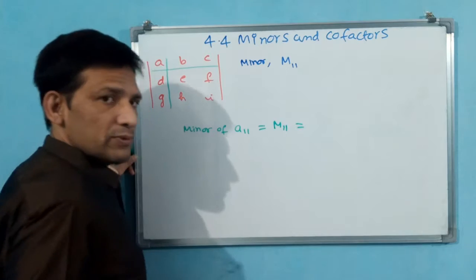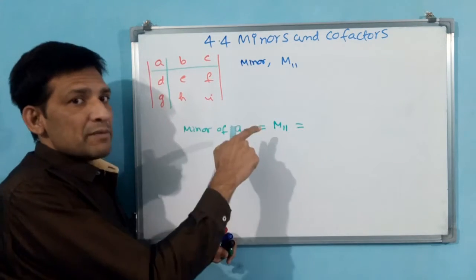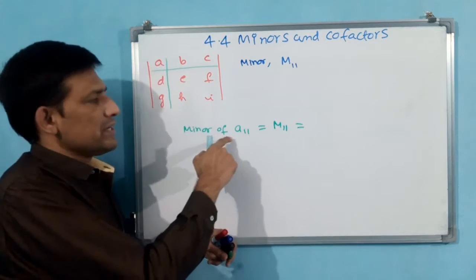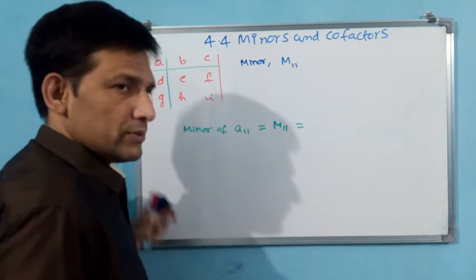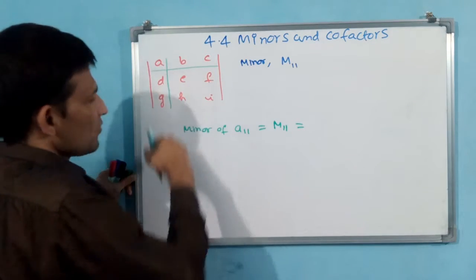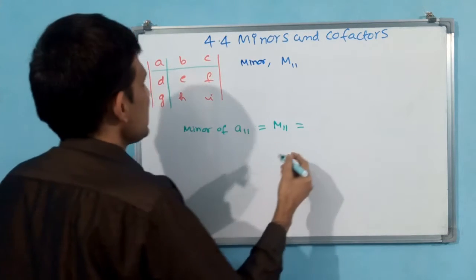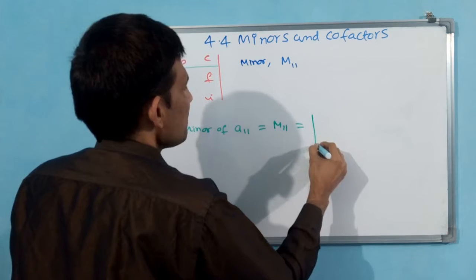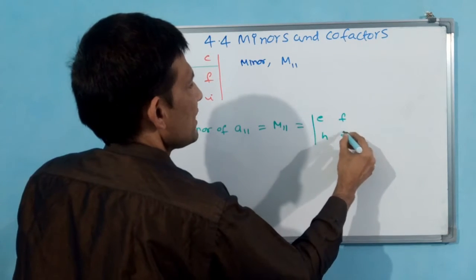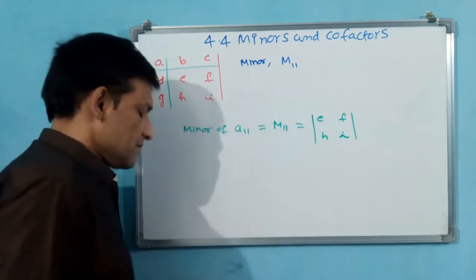What is that minor? Minor of element A. M11 is equal to what? You have to close A's row and column. If you close this, automatically the determinant will be like this: E, F, H, I. Like this you have to write.